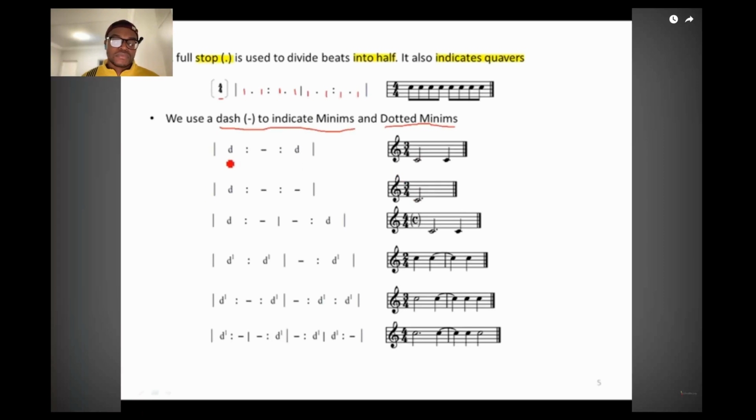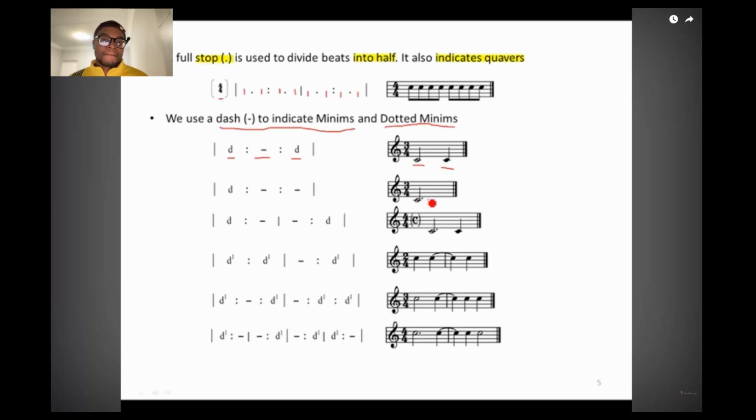So they say here the do, which on the staff notation we can see that our do is C. We have a do, the first beat in 3/4 time, then the dash, which indicates that it's a minim, and then the last beat will be a crotchet.